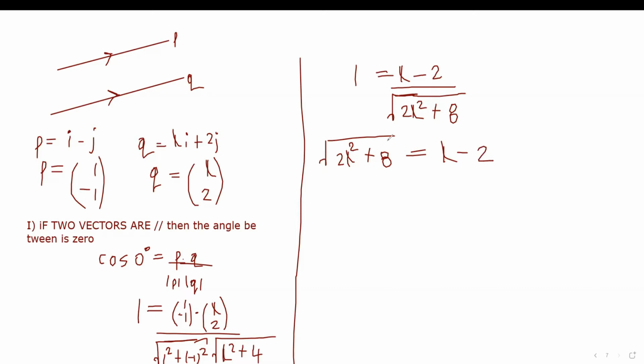So what that then means, Marika, is when you square both sides, you end up getting 2 lambda square plus 8 is equal to, let me put in words what we're doing, we're squaring both sides here. Squaring this side, you're going to end up getting lambda square minus 4 lambda plus 4.